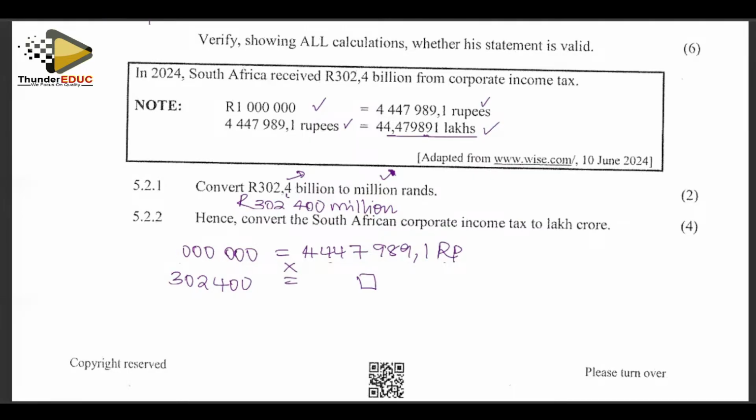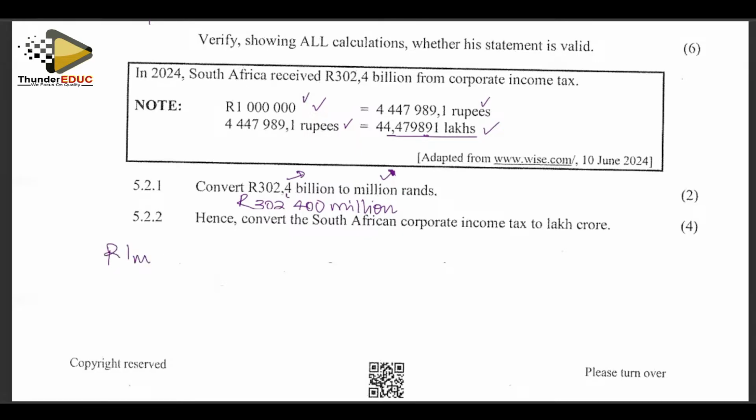So allow me to do this. One million rand equals to 4,447,989,1.